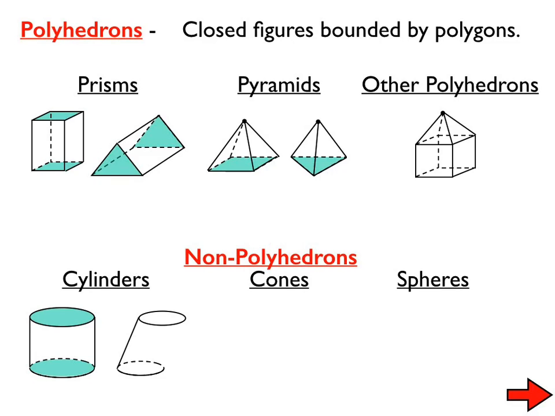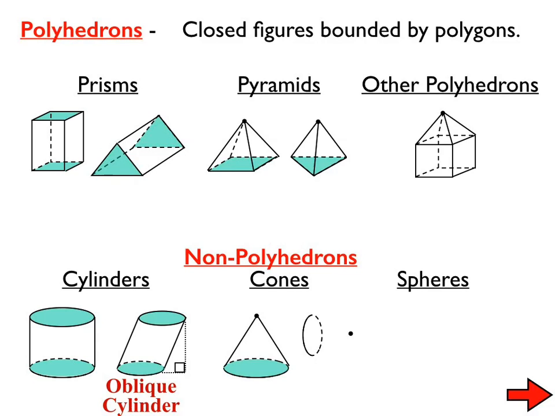And then sometimes we have cylinders that look like somebody sat on the corner of it and squished it sideways. We call that an oblique cylinder. And then we have regular cones, sometimes called a right circular cone. Sometimes they're sitting like a regular cone, sometimes they're sideways. And then, of course, we have a three-dimensional circle, if we want to think of it that way, that is a sphere. And most of these things, I know all of you knew that.